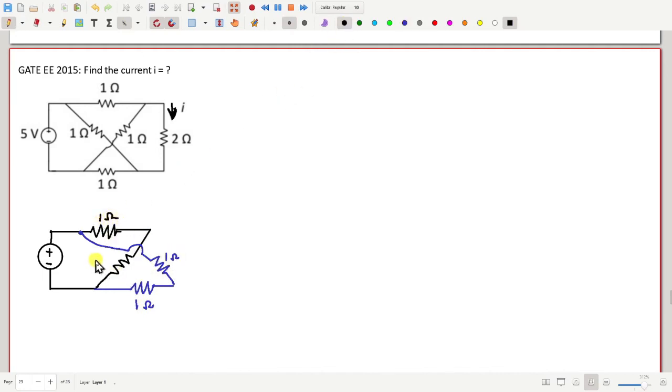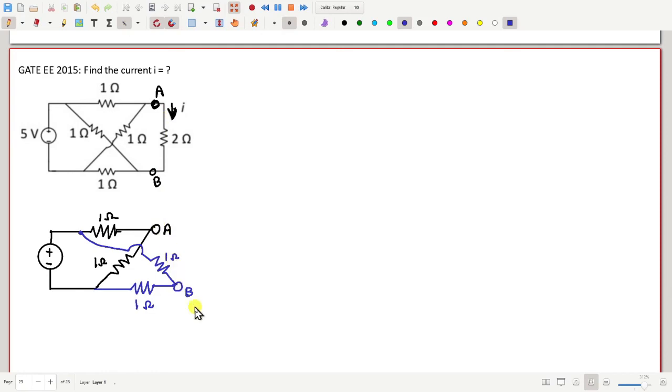Let me call this terminal A, terminal B. So here is terminal A, and here is terminal B. The 2 ohm is connected between A and B. That we haven't drawn because we want to find the Thevenin equivalent between A and B.